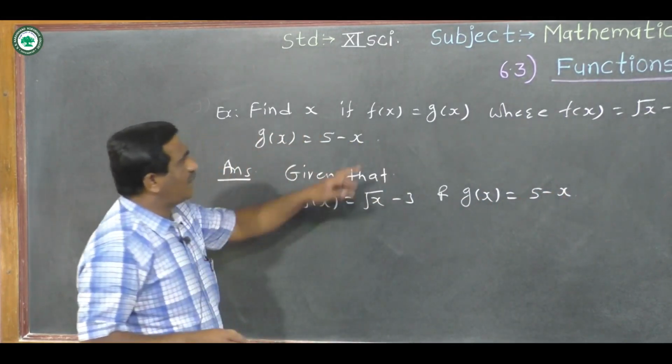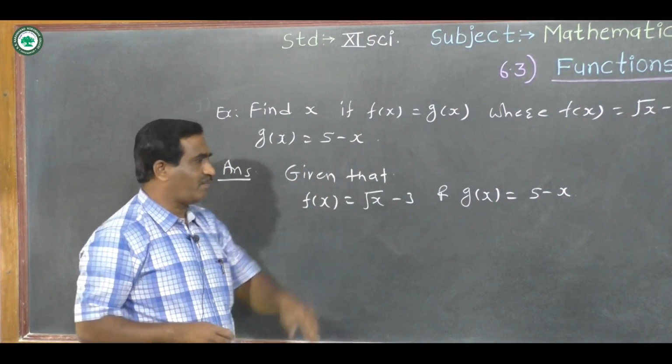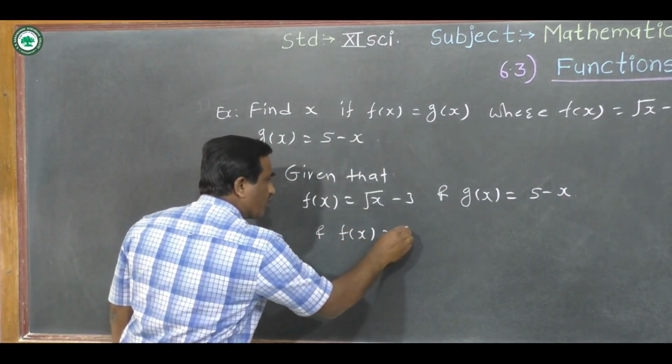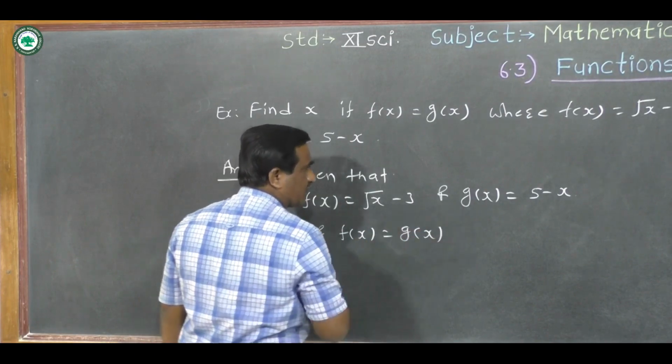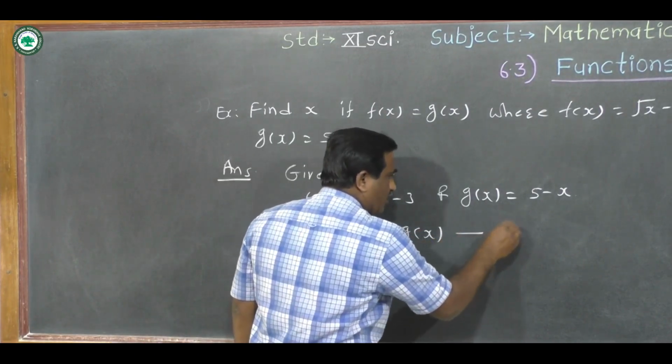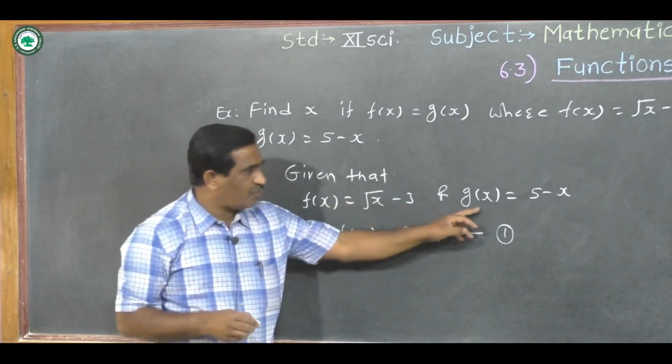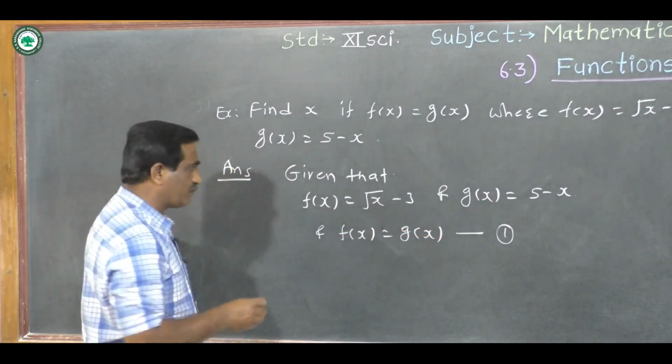Also given is this relation, f of x equal to g of x. Say this as equation number first. Now put the values of f of x and g of x in equation first.